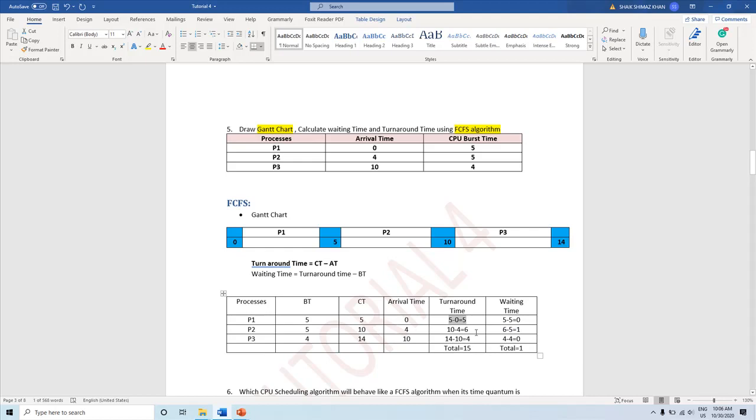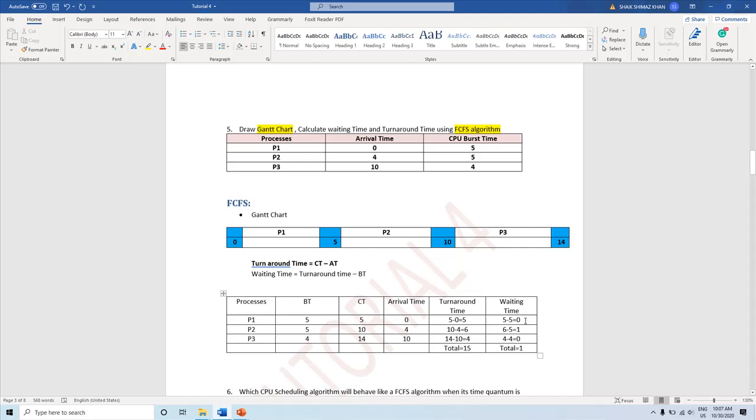And for P2, completion time is 10, minus arrival time 4, so 10 minus 4 is 6, that is its turnaround time. Similarly for process 3, the completion time is 14 and arrival time is 10, so 14 minus 10 is 4. So individually we have calculated their turnaround time.